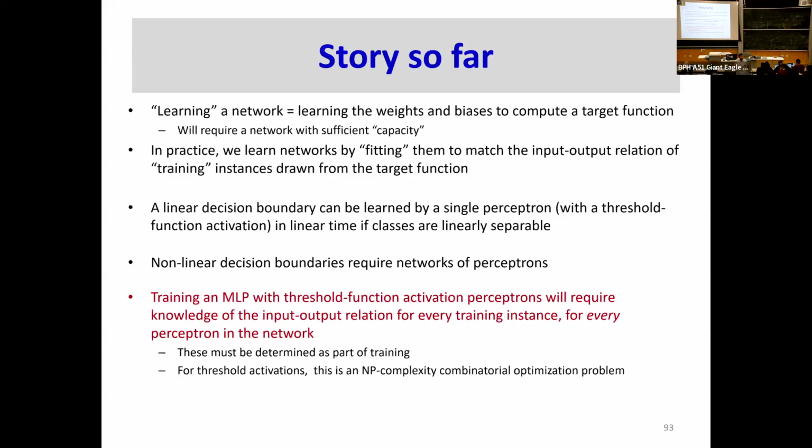For nonlinear decision boundaries, we need networks of perceptrons, but training an MLP with threshold function activation will require the knowledge of the input-output relationship for every training instance for every perceptron in the network. And these must be determined as part of the training. And for threshold activations, this is an NP problem. It has NP complexity.